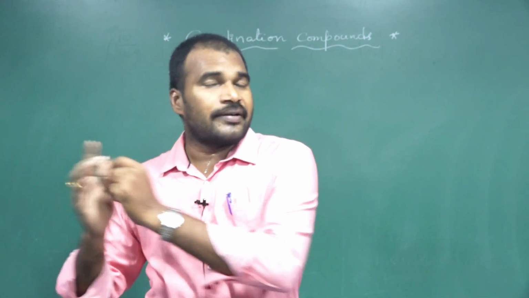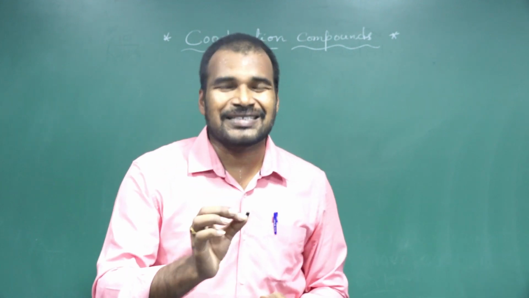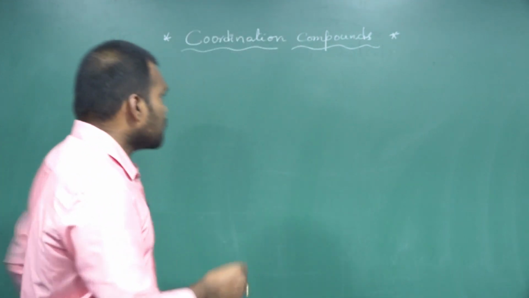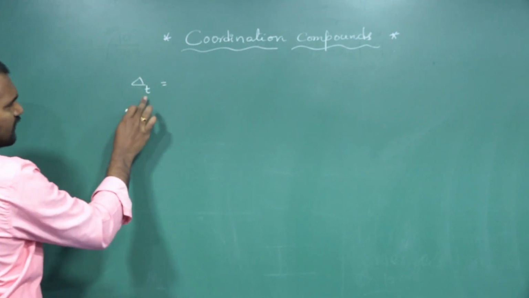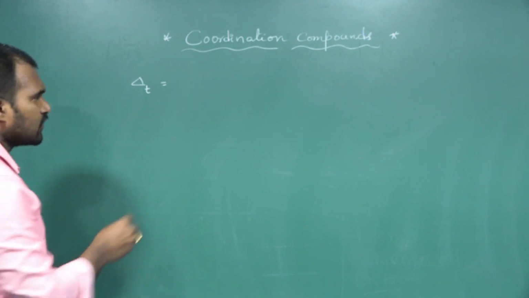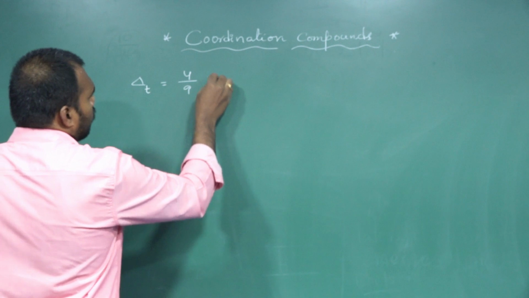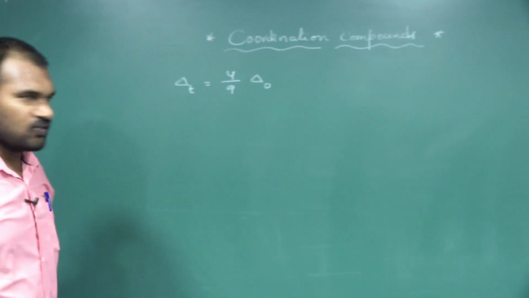Octahedral complexes show higher crystal field splitting compared to tetrahedral complexes, and the relation is delta T, the crystal field splitting in tetrahedral complexes, is 4/9 times the crystal field splitting in octahedral complexes.